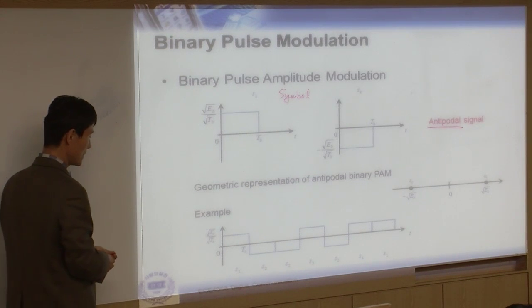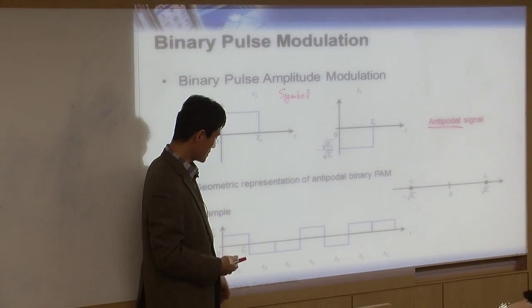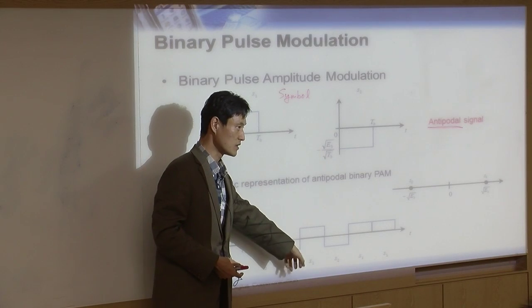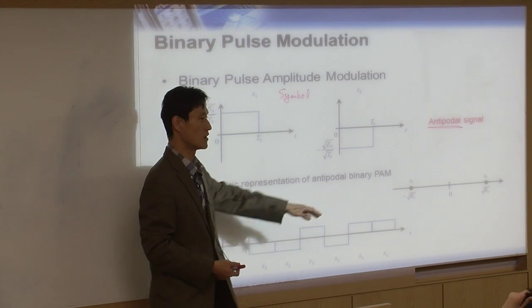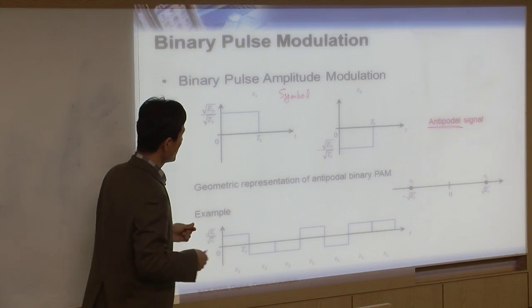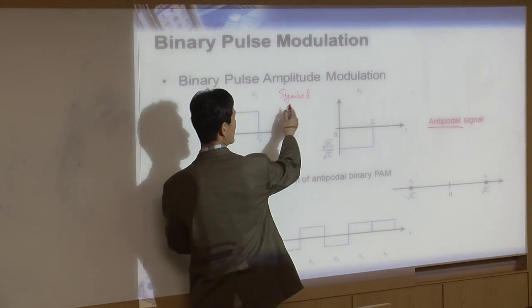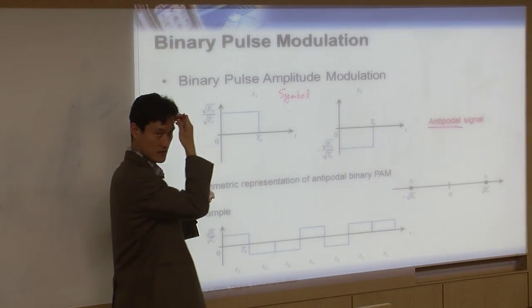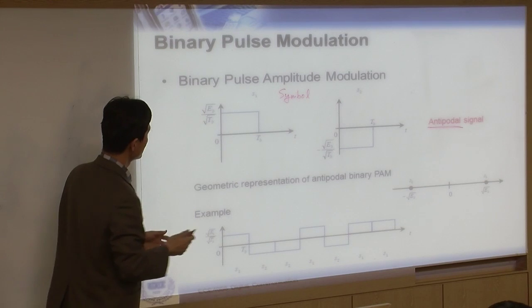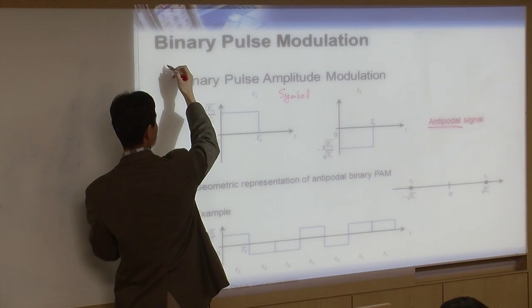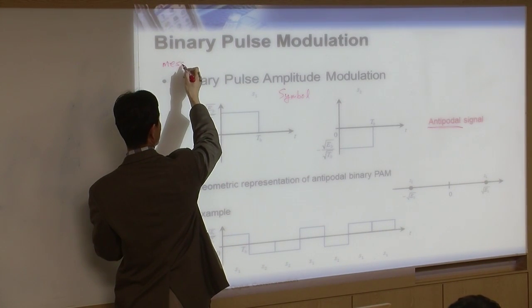This is an example. Let's say we want to transmit S1, S2, S2, S1, something like this, right? This is a sequence of symbols. By the way, what is a symbol?